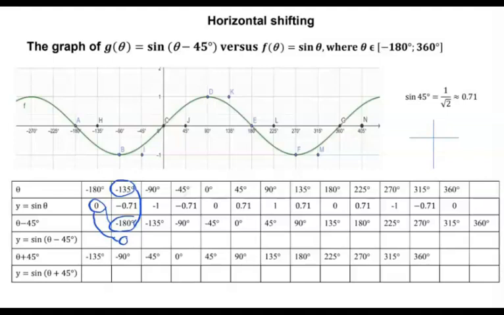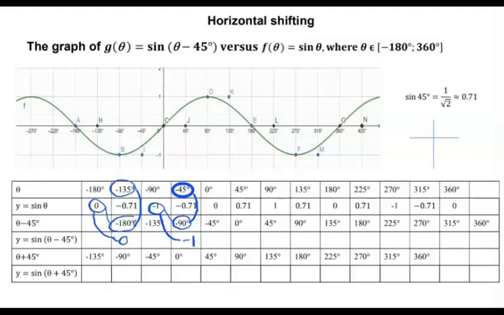If I look at minus 45 degrees and subtract 45 degrees, I get to minus 90 degrees. So I have to pick my value there, and then I will put it in here at minus 45.